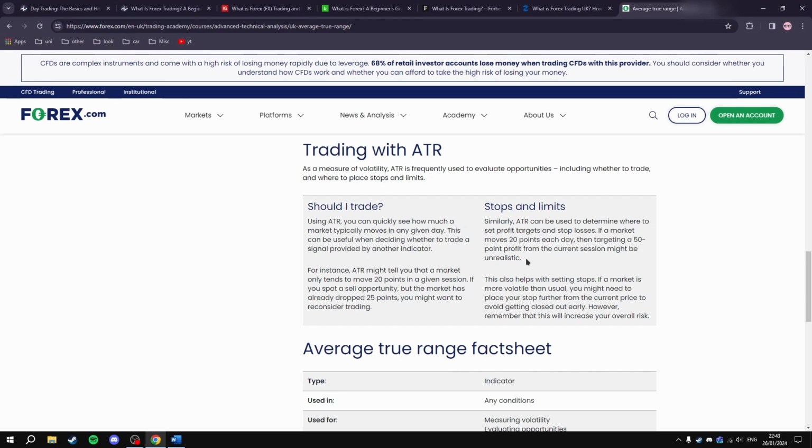If a market moves 20 points each day, then targeting a 50-point profit from the current session might be unrealistic, because that would be like 3 days worth of trading.